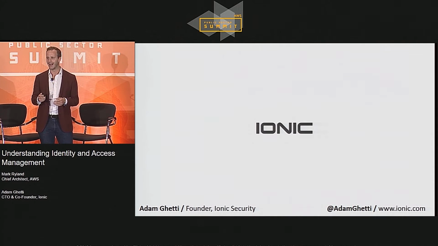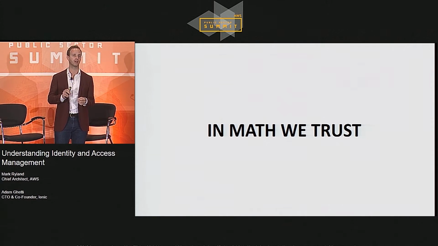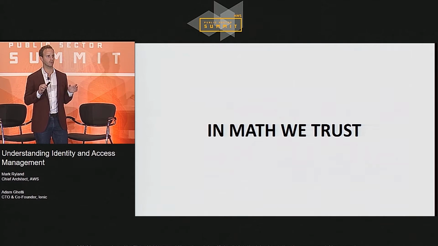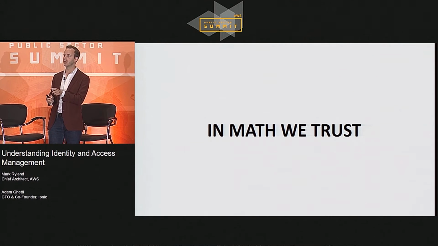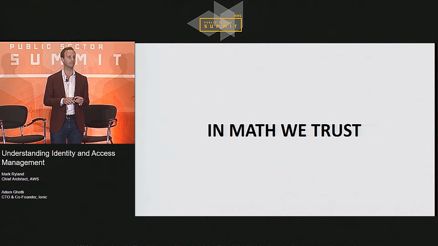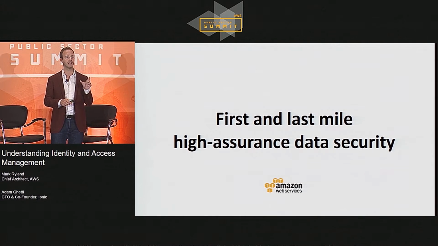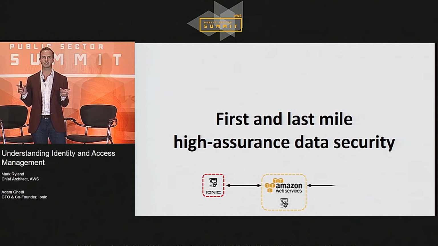At Ionic, we have a saying: in math we trust. And today we're here to discuss what the world would look like when the right math is implemented in verifiable ways and then is managed in a high assurance fashion at web scale, how you can use that math to enable first and last mile high assurance data security.